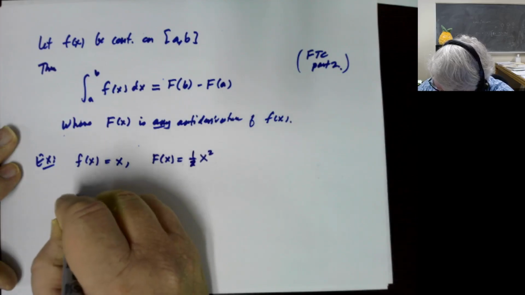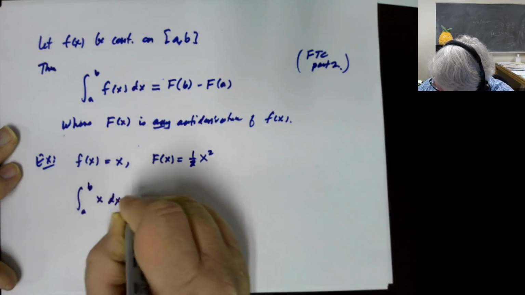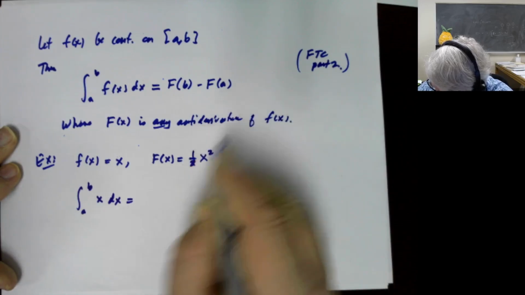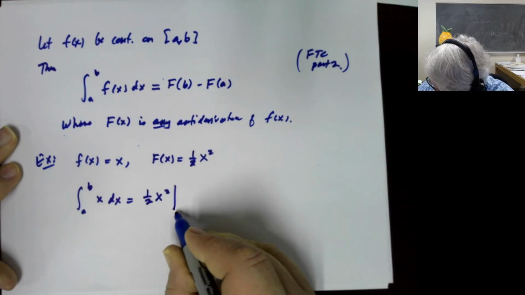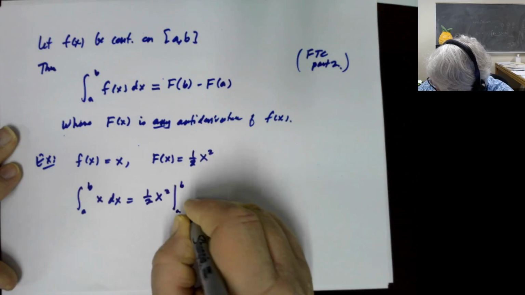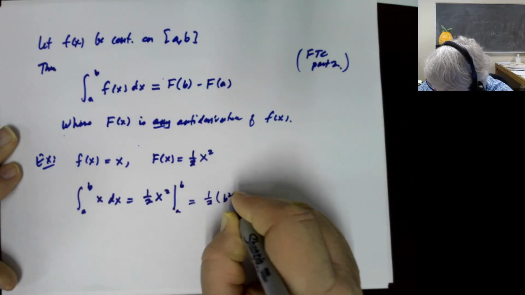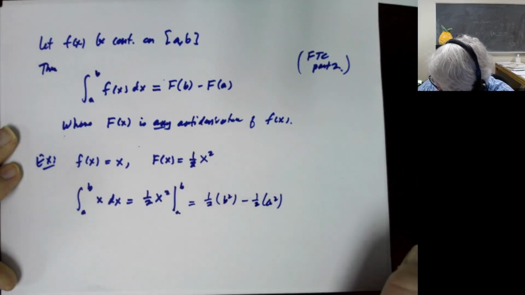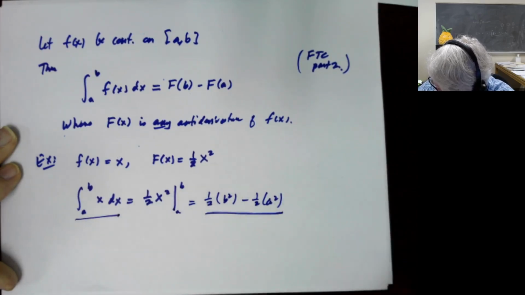And so if I take the integral from a to b, x dx, that's the same thing as my capital F of x, 1/2 x squared. And then this is called an evaluation bar here, a to b. And the way that you interpret that is you take your 1/2 times your b squared minus 1/2 times your a squared. Good. And so we see that the integral of x dx is actually 1/2 b squared minus 1/2 a squared.